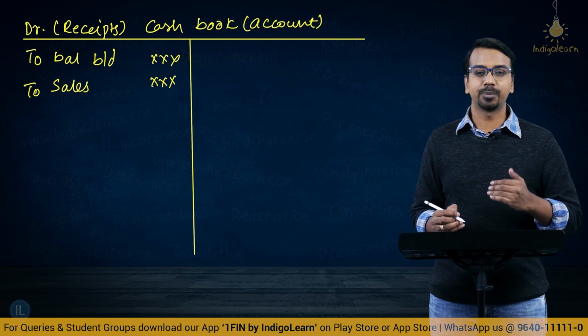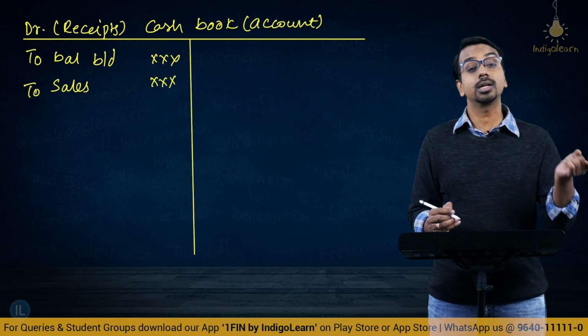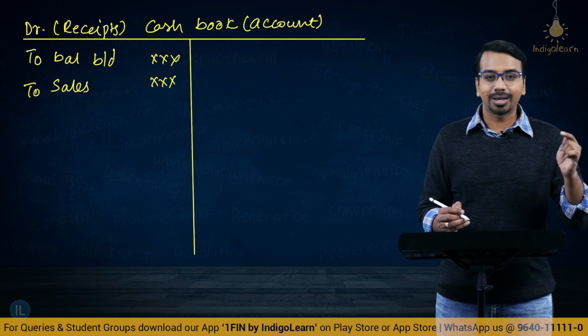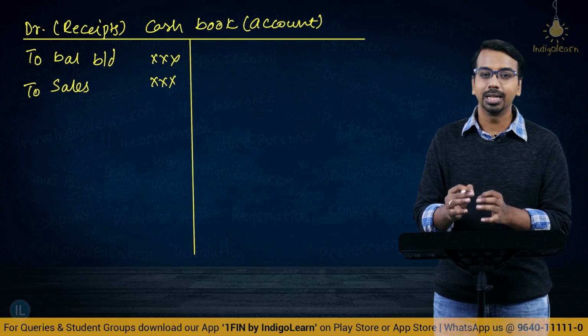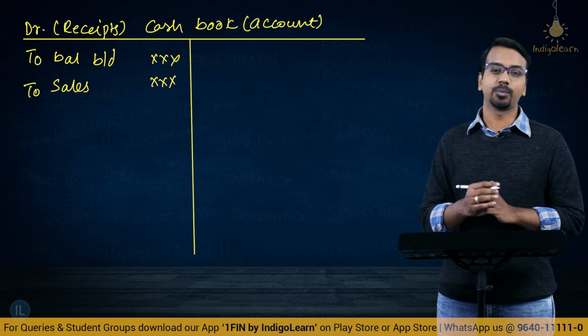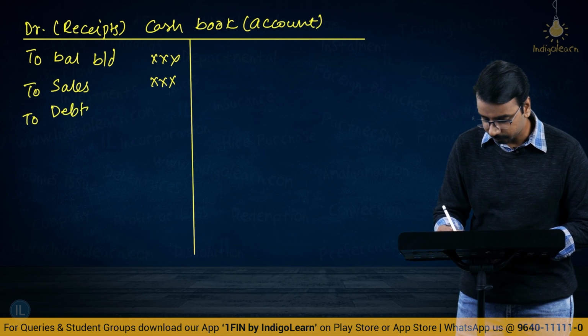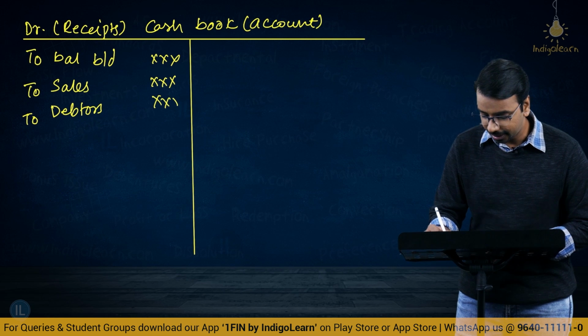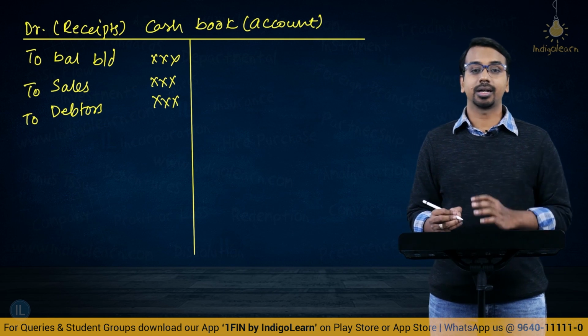Whenever a credit sale happens, will you record something in your cash book? The answer is no, because that will go in your sales book. Whenever the customer pays you the money, you will debit that to the cash account. So whenever you receive money from the customer, you will say to debtors, right? So this is the inflow that you are considering.